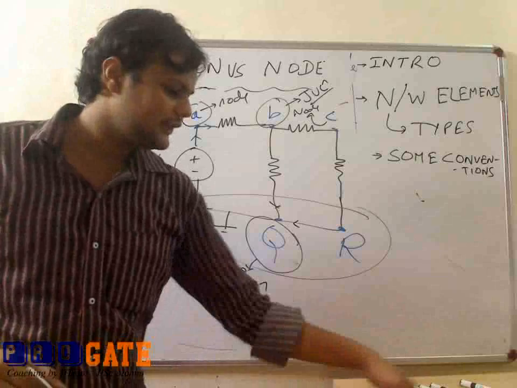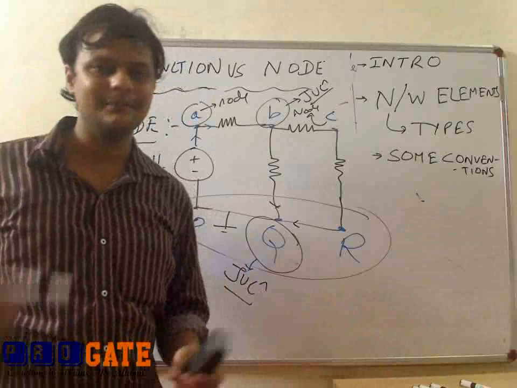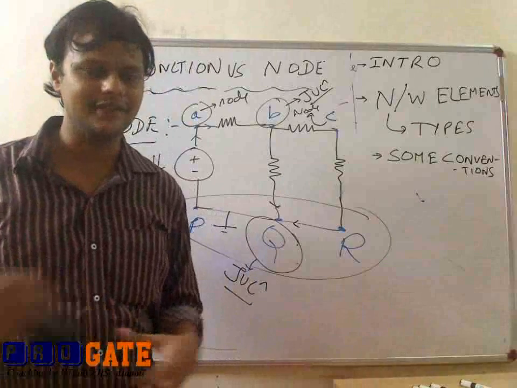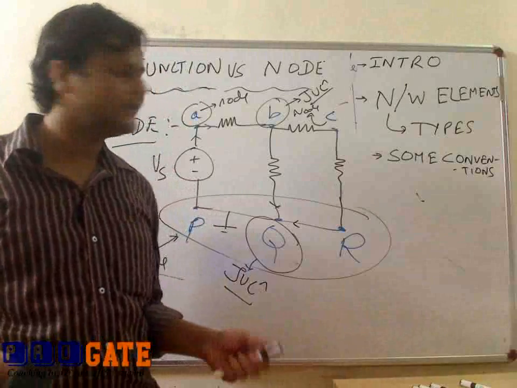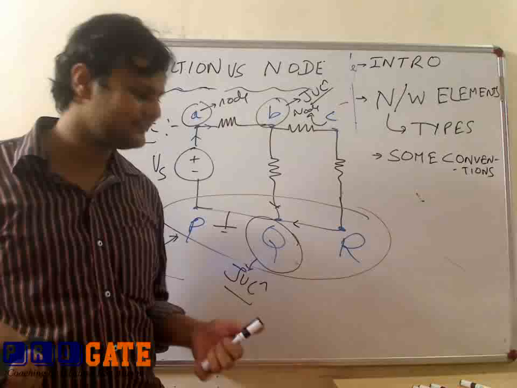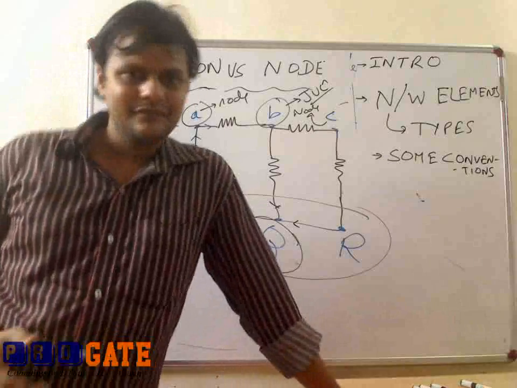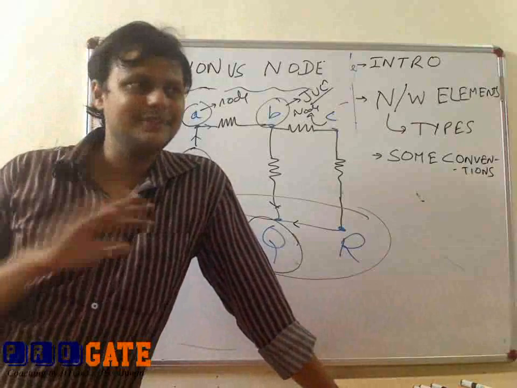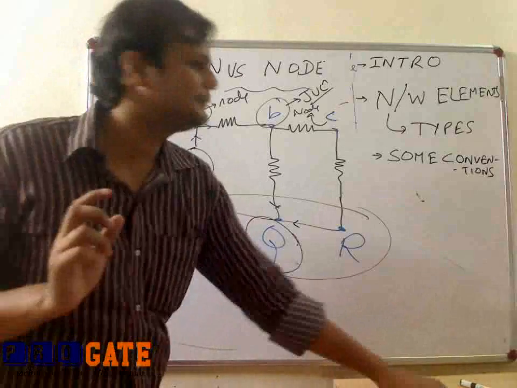So there are two famous analysis techniques, mesh analysis and nodal analysis, which we will study. This is a very powerful tool in a network. If you know these two tools, then you know each and everything in networks also. It is a very easy subject.